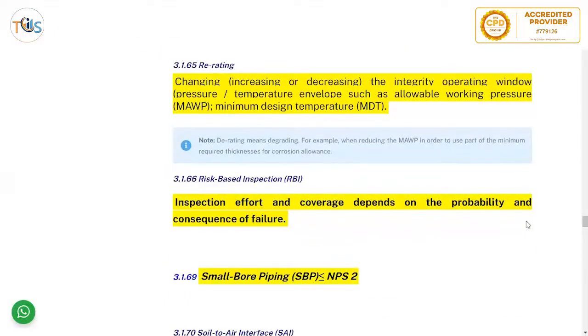Re-rating: changing, increasing or decreasing the integrity operating window, the pressure-temperature envelope, such as allowable working pressure and minimum design metal temperature. Derating means degrading, for example, when reducing the maximum allowable working pressure in order to use part of the minimum required thickness for corrosion allowance.